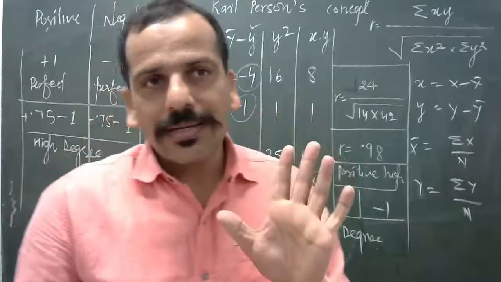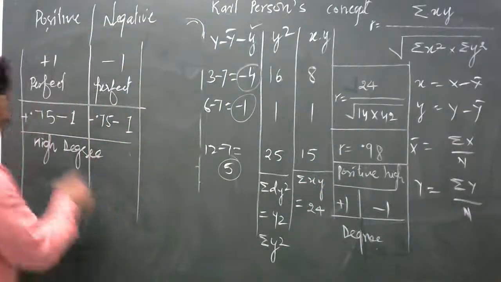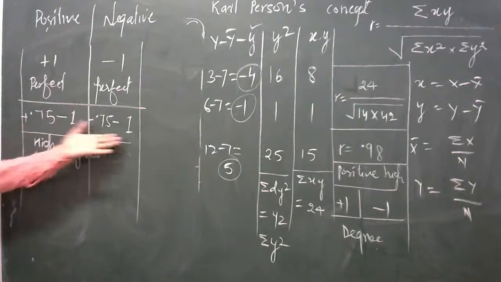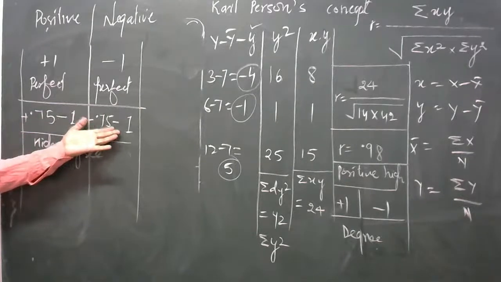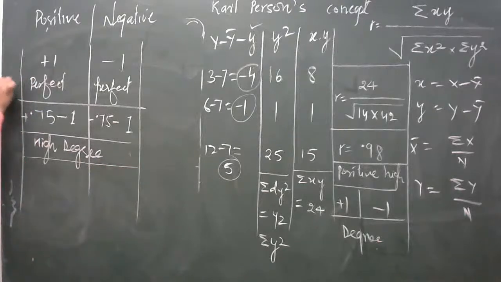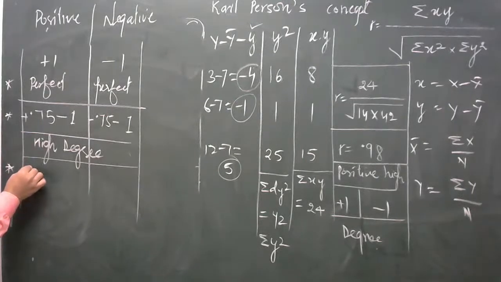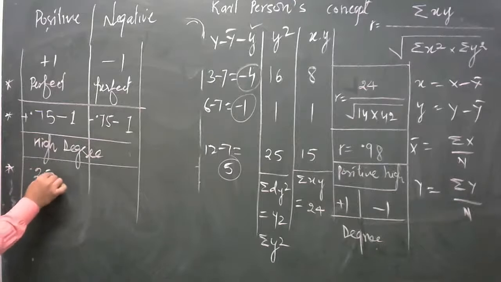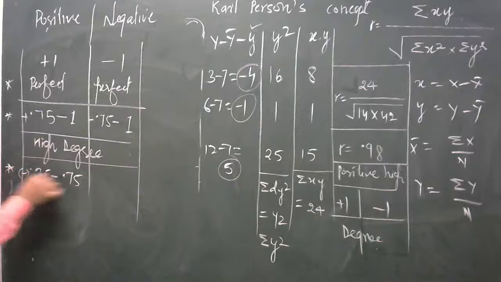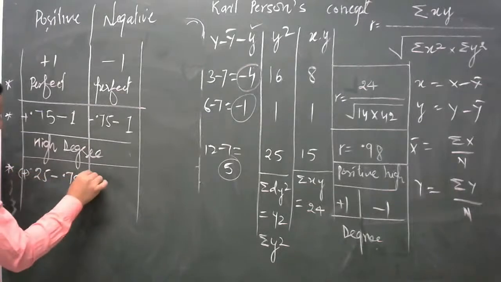Less than 1, between 0.75 to 1. I said between these values. Understood? High degree. First, second, third: 0.25 to 0.75, positive and minus.